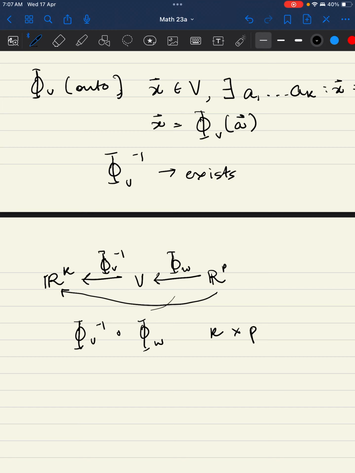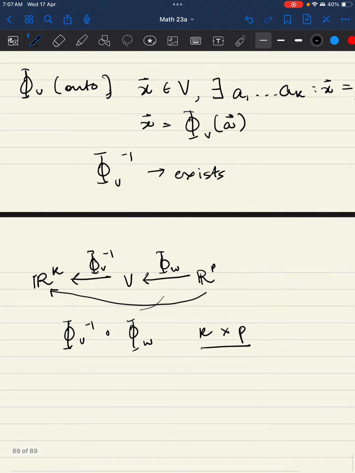Also, the composition of two invertible maps is invertible, so this k by p matrix has to be invertible, and since only square matrices can be invertible, that must mean that k equals p, and therefore there must be the same number of elements here and here.